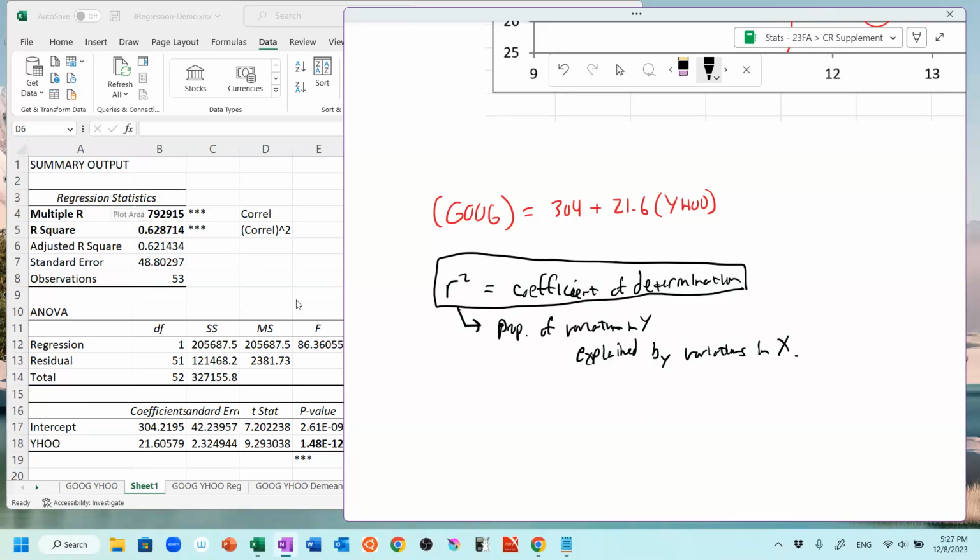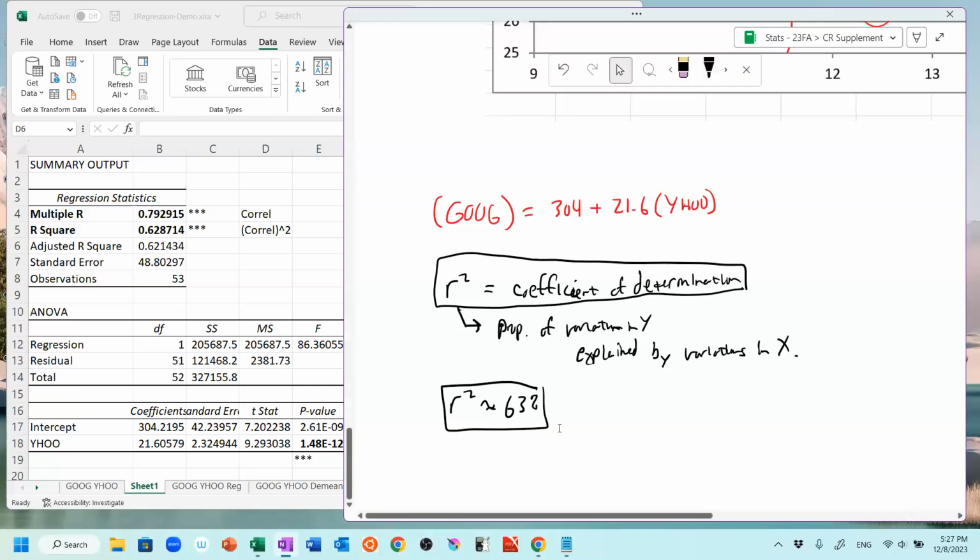In other words, here we see R squared of about 63%. So what this tells us is that I can explain about 63% of the fluctuations in Google stock price using a linear model based on Yahoo stock price. And there's something like 37% of the variations in Google stock price that I can't explain from this model.